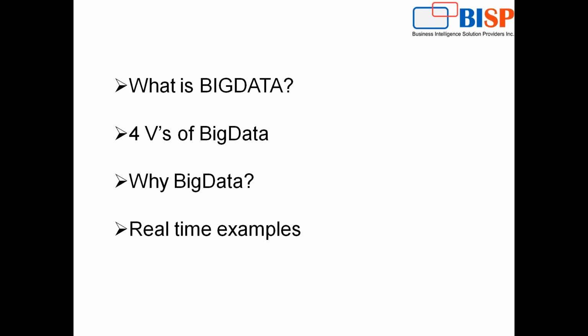So a lot of things need to be processed before we actually bring up the analysis. If we have to define the volume of the data, it might be in multiples of petabytes or zettabytes, and which has these 4 characteristics. So today we define big data with these 4 V's.